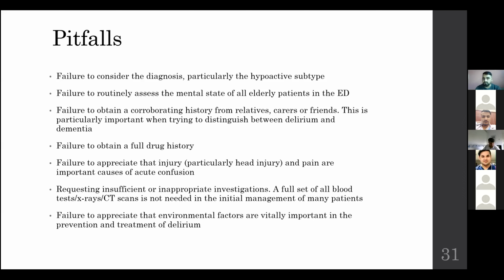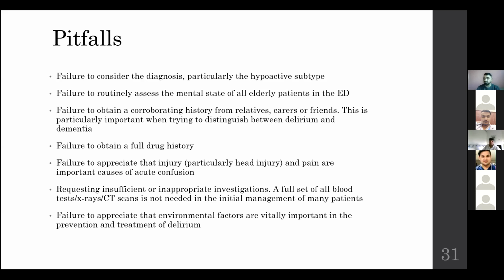Always remember to assess the mental status of patients above 65 years of age. Failure to obtain history from relatives or carers is particularly important when trying to distinguish between delirium and dementia.